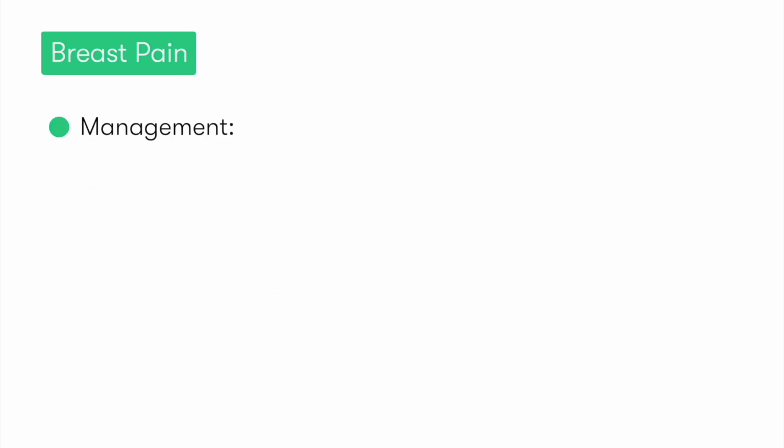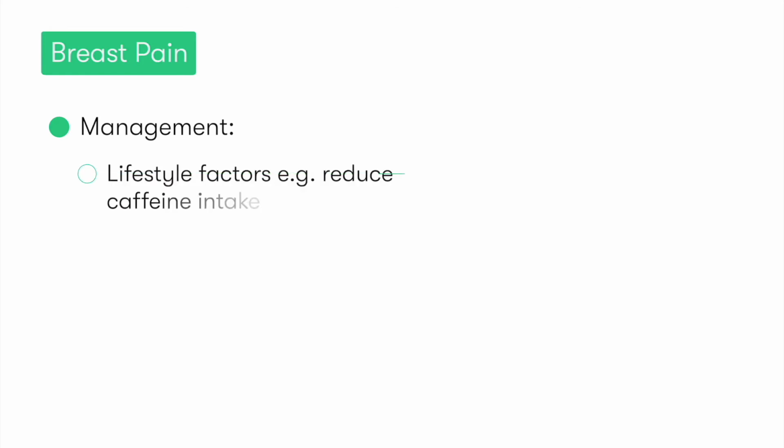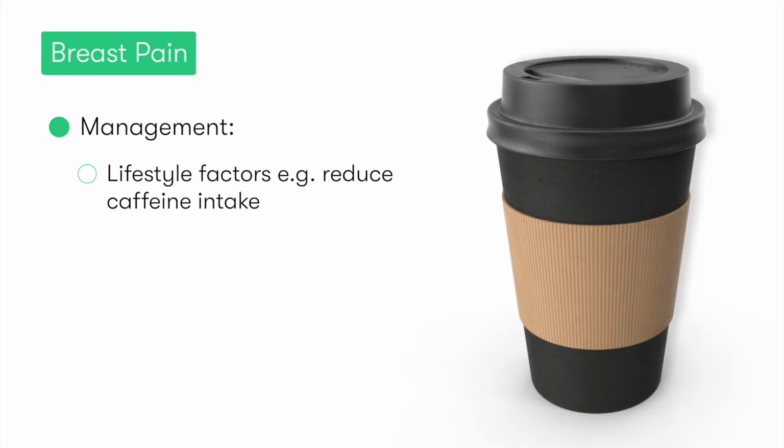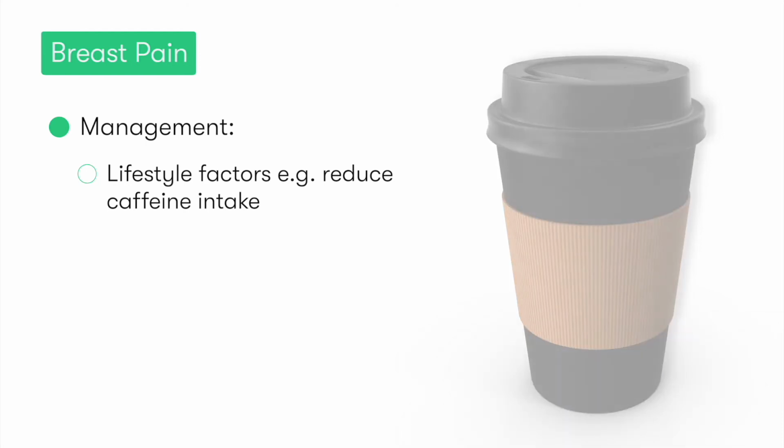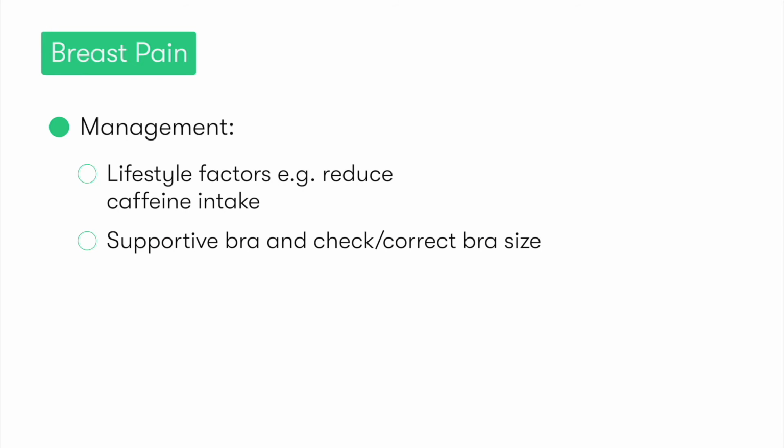In terms of how we manage patients with mastalgia, an important approach is to reassure the patient and deal with lifestyle factors. For example, ensuring that they reduce their caffeine intake, which has been shown to reduce the severity of pain. As well as this, we should ensure that the patient is wearing the correct bra size, to ensure that the bra is providing the breast with the maximum support possible.